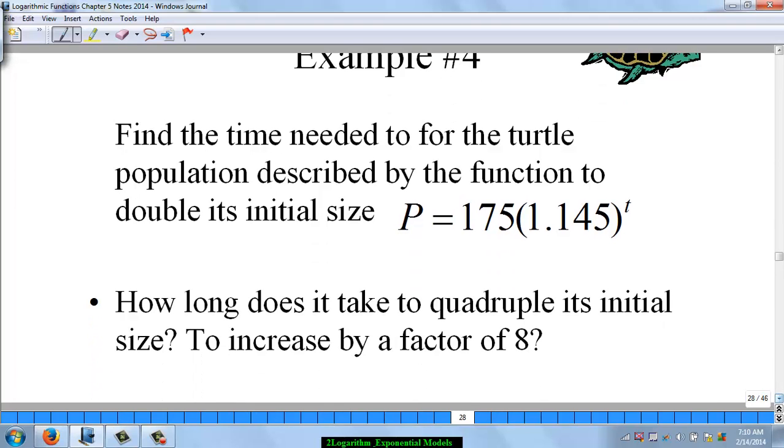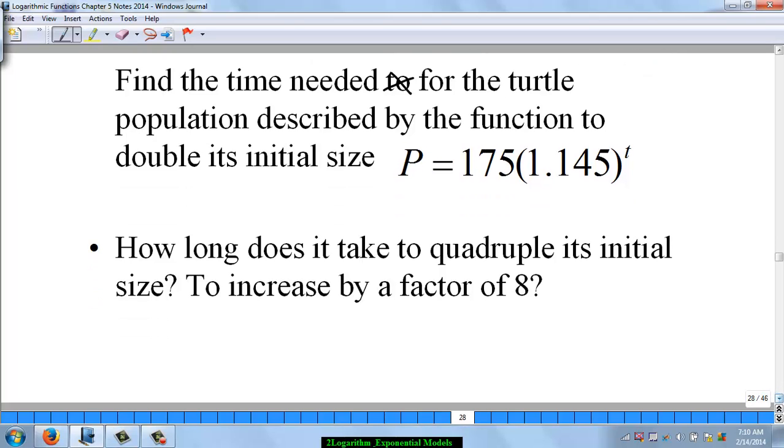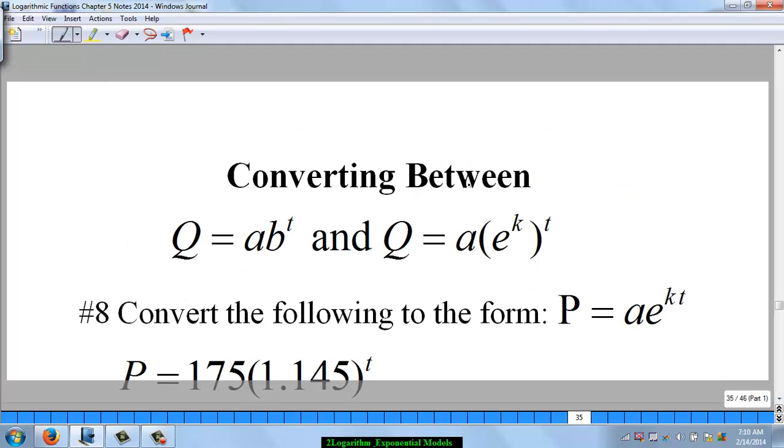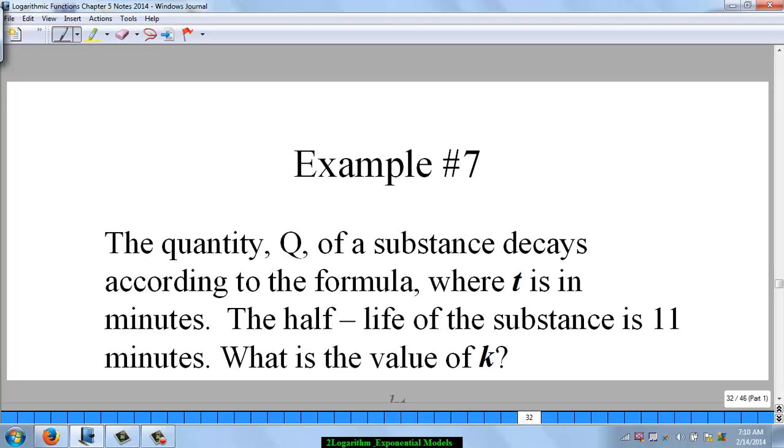Now I've got a turtle on this one, so it says find the time needed for the turtle population described by this function here to double its initial size. So let's first look at what this means.